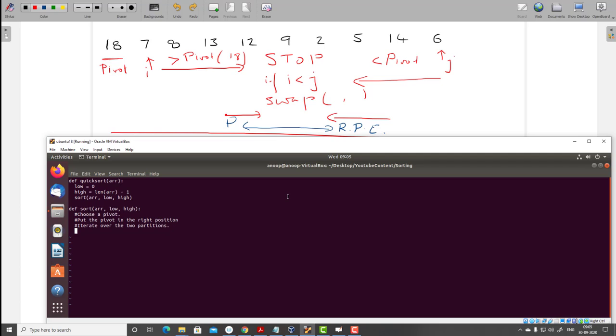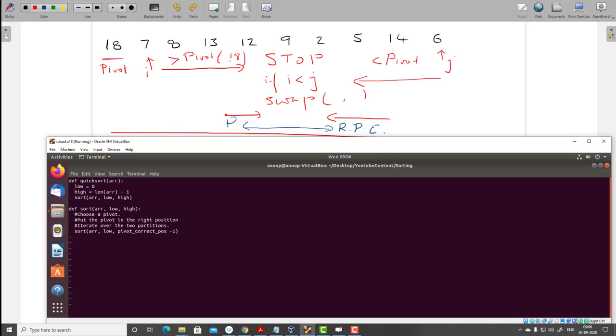So what it should do here is sort array, and then low, and then we go to the pivot position minus 1.